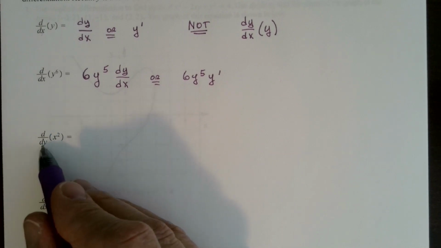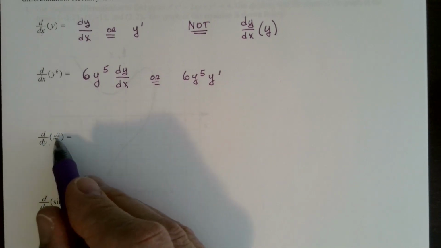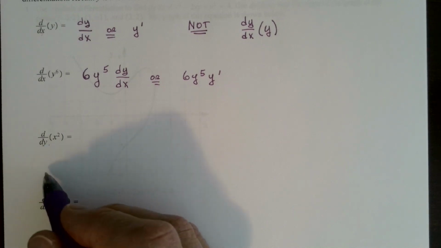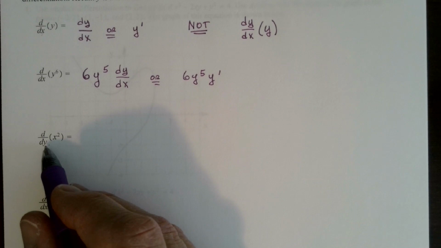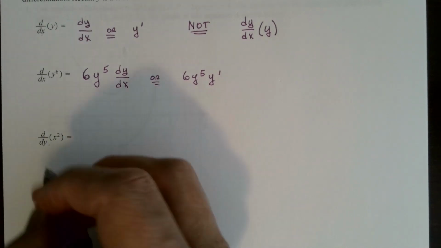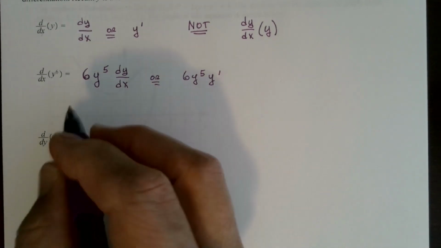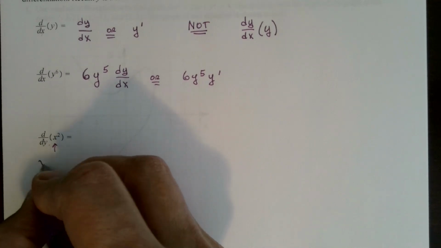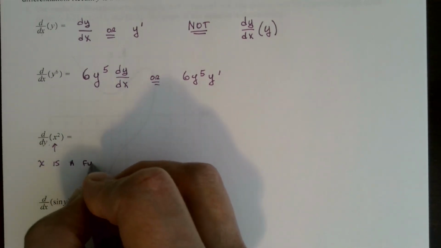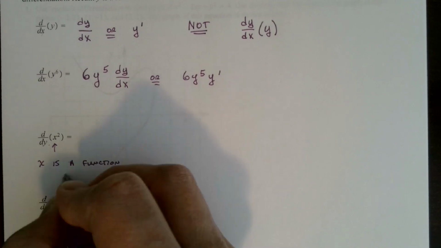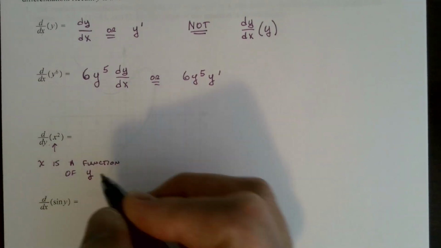Take the derivative now with respect to y of x squared. So now the roles of the variables have changed. x is the dependent variable, y is the independent variable. Before, we thought of y as a function of x. Now x is a function of y. Okay?